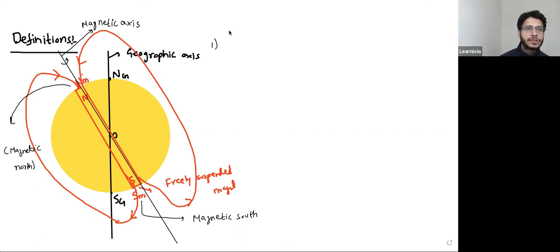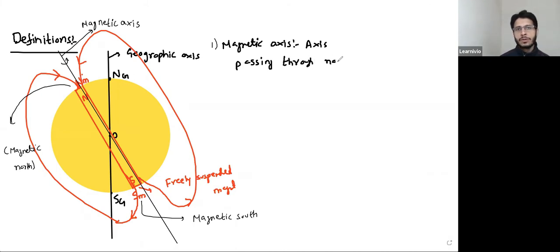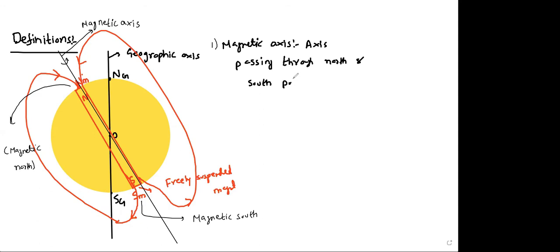The first definition is of magnetic axis. Magnetic axis is basically the axis passing through the north and south pole of Earth's magnetic field.